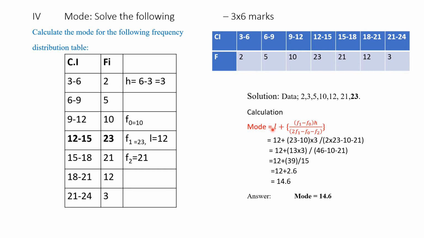Therefore, mode is given by mode is equal to L plus (f1 minus f0) by h, whole thing divided by (2f1 minus f0 minus f2). This is the formula, please remember it. L here is 12, that is what we noted down.